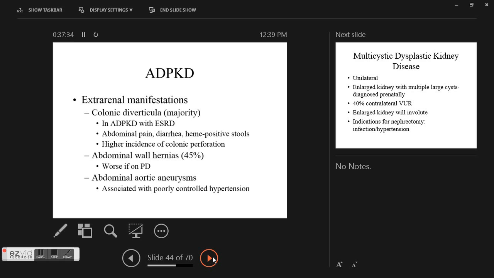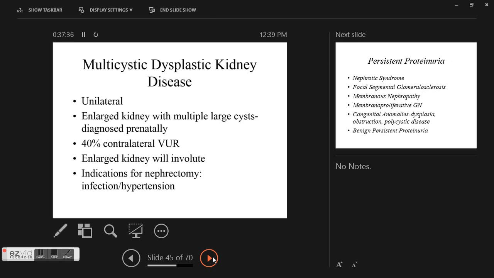Multicystic dysplastic kidney disease, MDKD. Yes, exactly. The big key on this one: unilateral, unilateral, unilateral. Polycystic kidney disease, both kidneys by definition are involved. This by definition is unilateral. Okay? They can live a full, healthy, normal life so long as the other kidney stays normal.